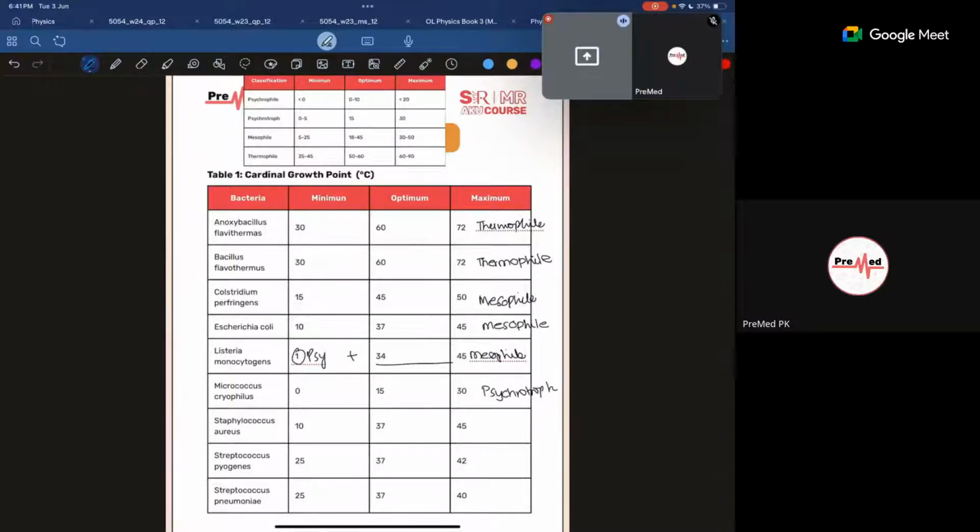So this one is also psychrotroph. Then the seventh bacteria has a minimum of 10, an optimum of 37, and a maximum of 45. 10 minimum falls in mesophile, same as with the optimum and maximum, so this is again a mesophile.